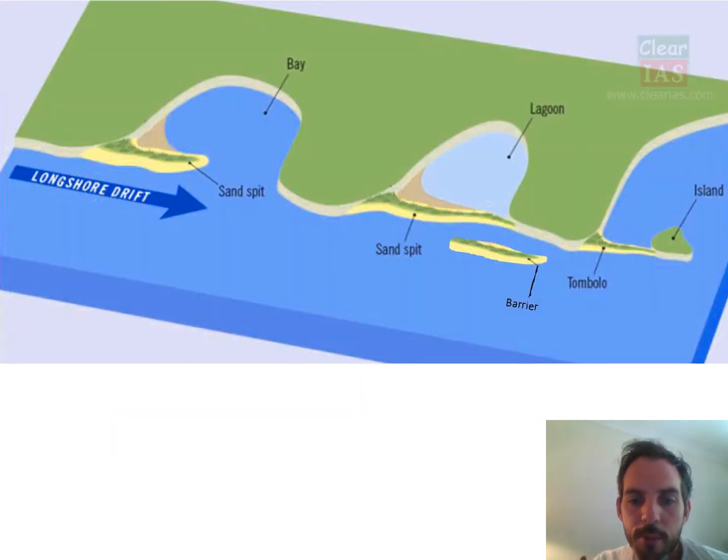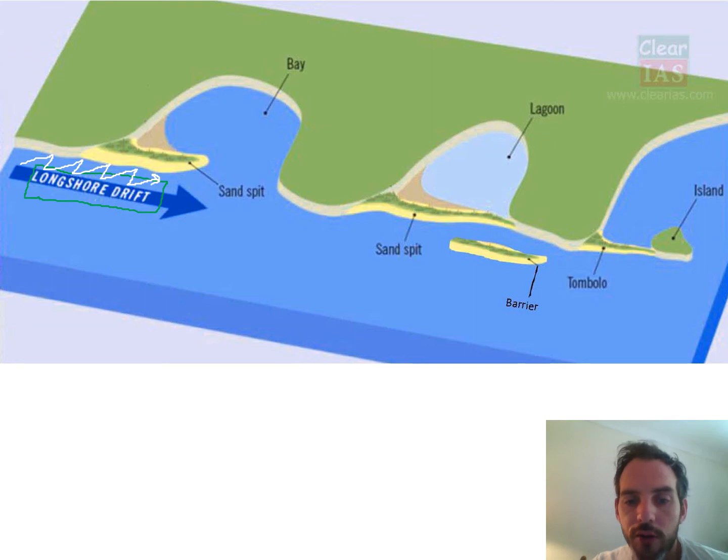Last lesson we learnt about this really important process called longshore drift, and we learnt how longshore drift moves sediment or sand along a beach. The swash came in at an angle due to prevailing wind. The backwash goes back down at right angles due to gravity, and this process repeated in this zigzag way, and it moved sand sediment along the coastline.